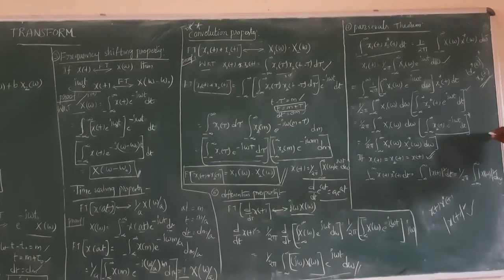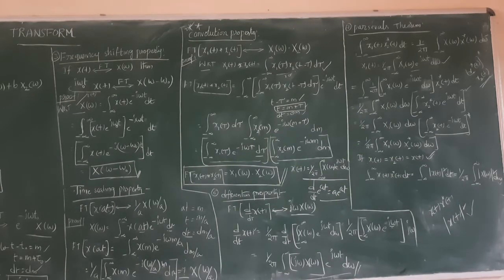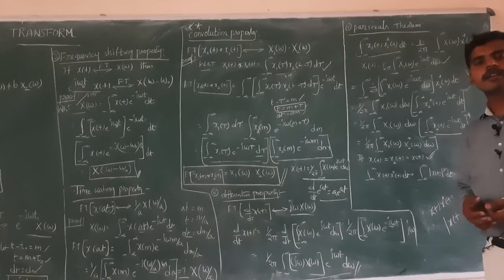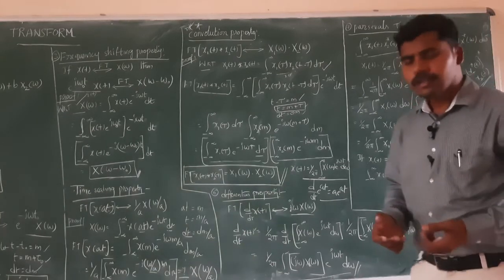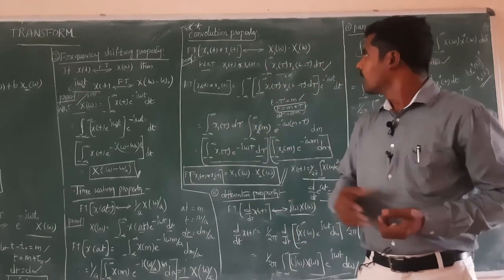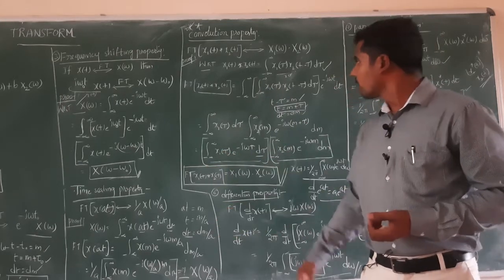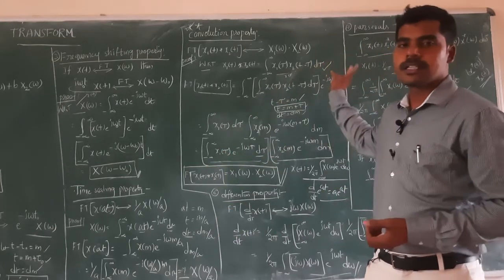It is also one of the most important properties of the Fourier transform. Coming to this one, in case of the Fourier transform, the most important expected questions from the external exam point of view are: first, there may be a chance of the linearity property, and second, maybe the time shifting property or the time scaling property, convolution and Parseval's theorem.